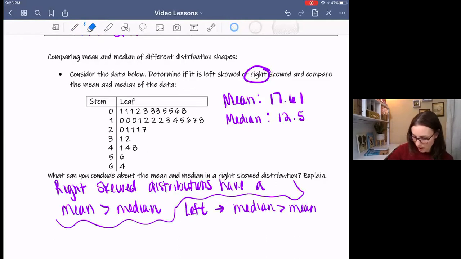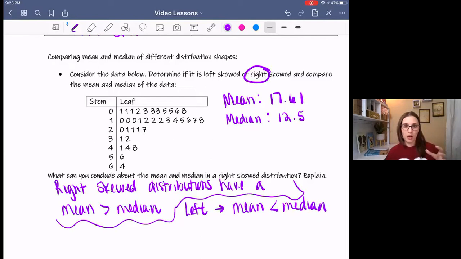Actually, I'm going to rewrite that. That is a true statement, but I'm going to rewrite it with mean on the left side. Mean would be less than the median. So your outlier would instead be smaller than the rest of your data, and it's going to pull that tail to the left. Isn't that neat?